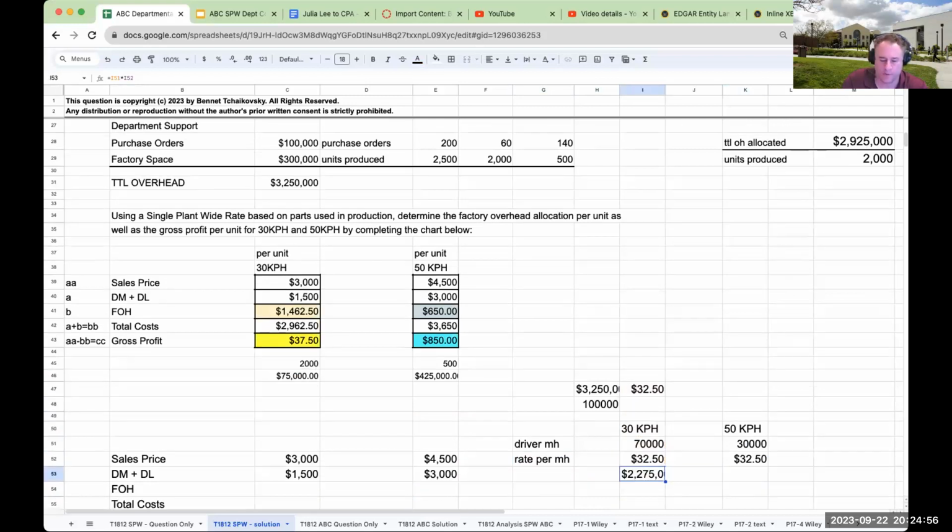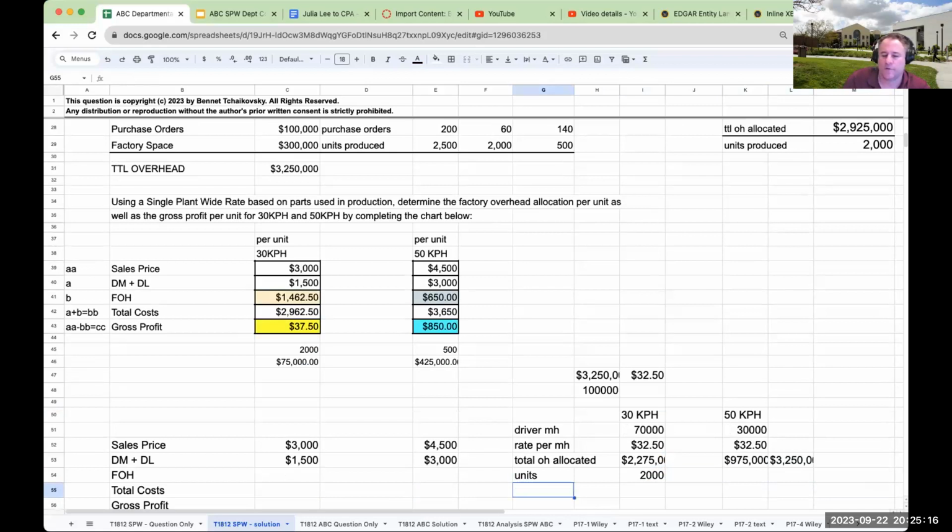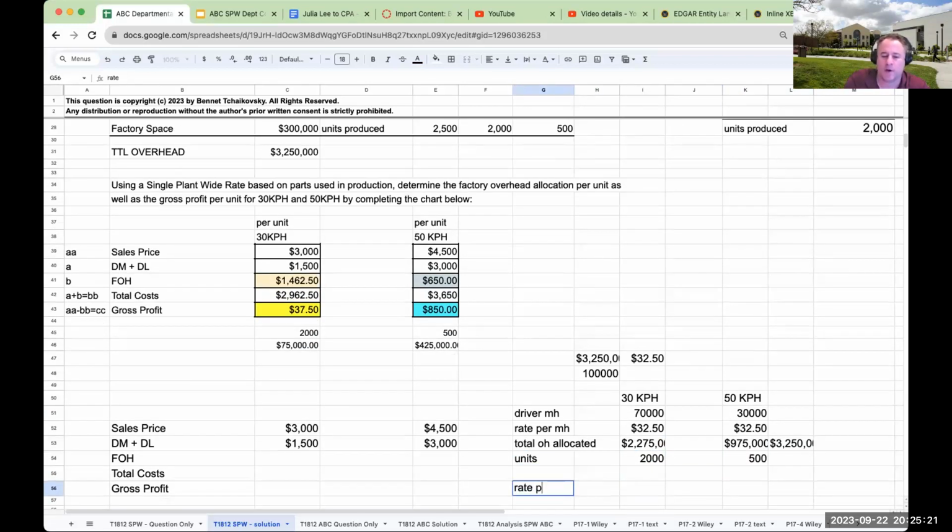I'm just following through. Over here, you now have total overhead allocated, and this makes a little bit more sense, right? Because now we're at 3,250,000. Now I have to do this on a per unit basis. My units are 2,000 for the 30 kph and 500 for the 50 kph. My rate per unit is going to be 1,137.50, and this is 1,950.